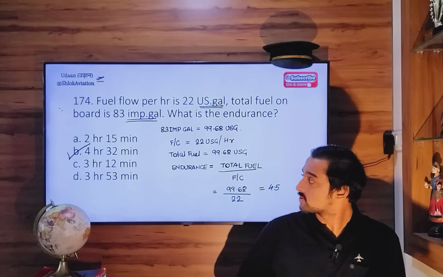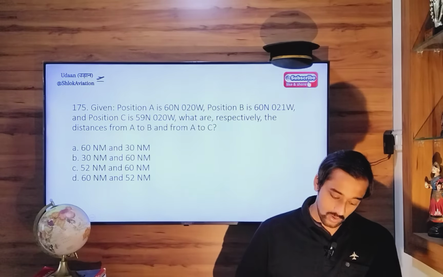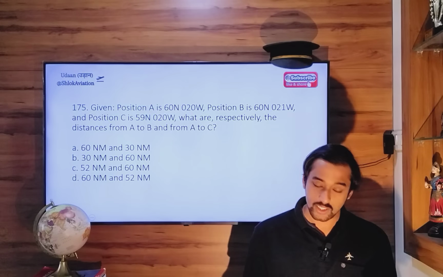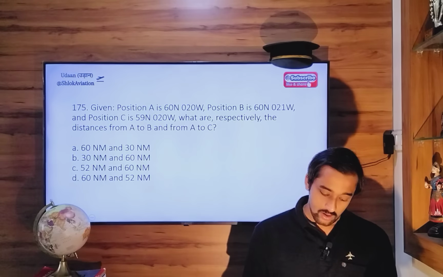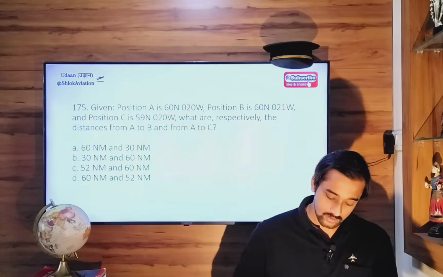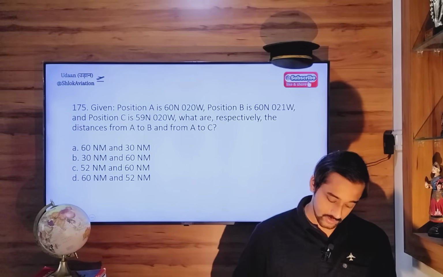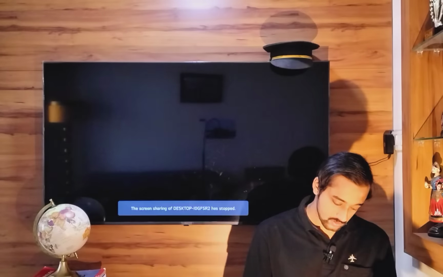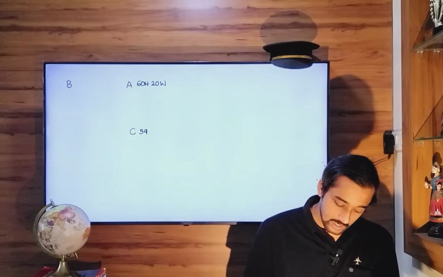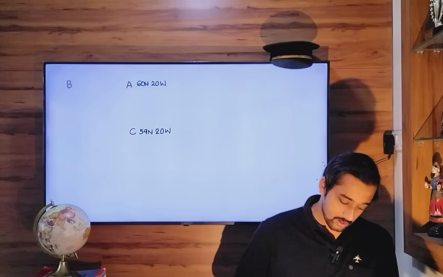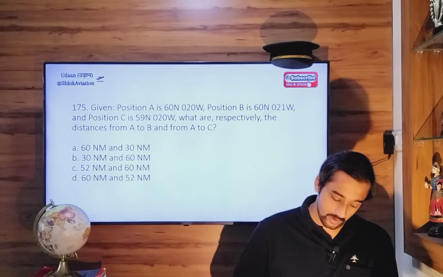Next, 175. Position A is there, position B, position C is also there. What are respectively the distances A to B and A to C? Position A is 59 north, 20 west, and B is 60 north, 21 west.